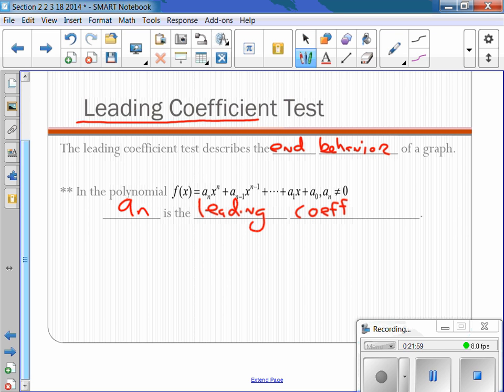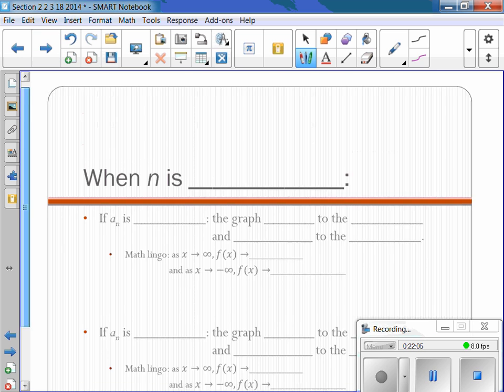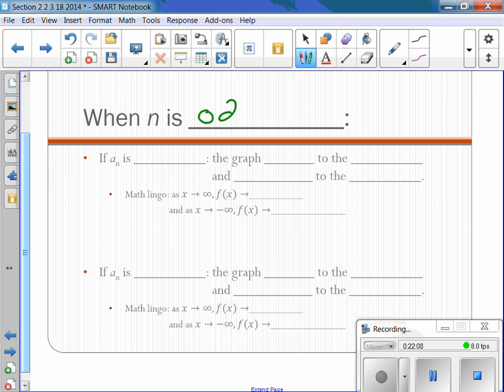So start off with n odd. If n is odd, what are we looking at? What's that parent function that it's going to resemble? A cubic. So depending on whether we're dealing with an even or odd function, I'm going to have some sort of characteristics like this.